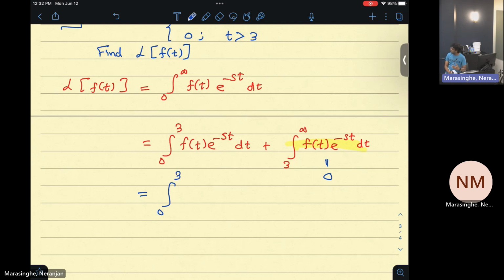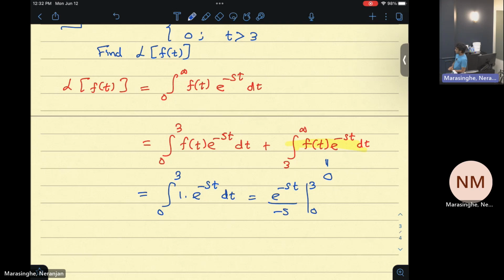In between 0 to 3, the function is 1, so 1 times e to the minus st dt. What is the integral of e to the minus st? That is e to the minus st divided by minus s, from 0 to 3. Any questions about that?